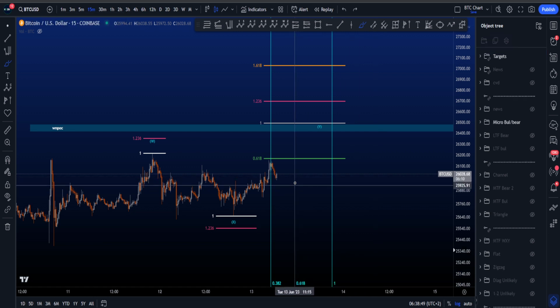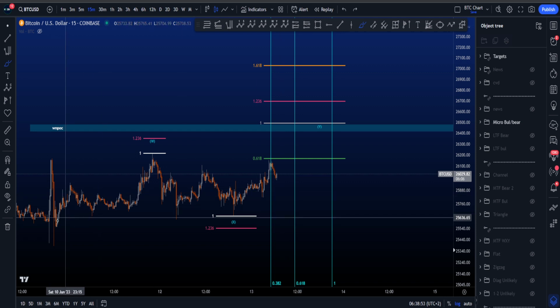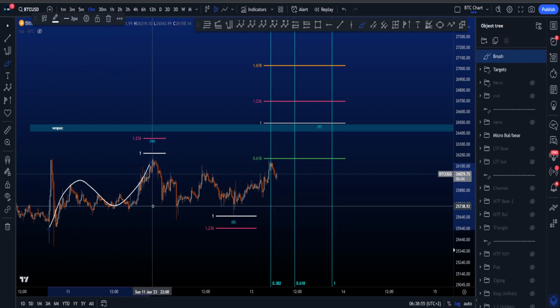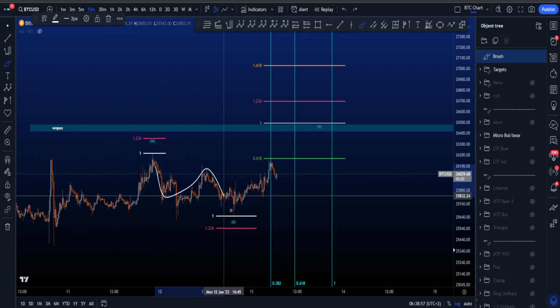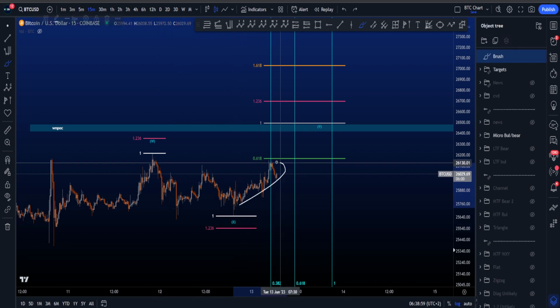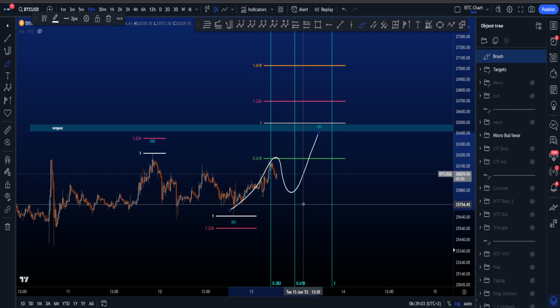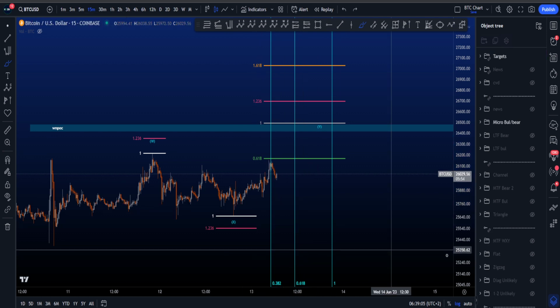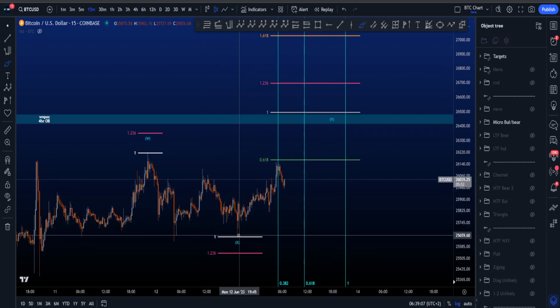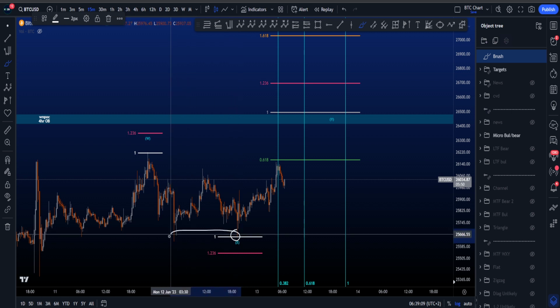So it has a little bit of time to go, but also you want to see again a clear three-wave structure. Over here in W, 3 clear waves. In X, a clear 3 waves, but over here so far we don't see a 3-wave structure yet. So I would prefer to see somewhat of a 3-wave structure in wave Y, not to forget that we actually did make a double bottom over here, 1, 2.